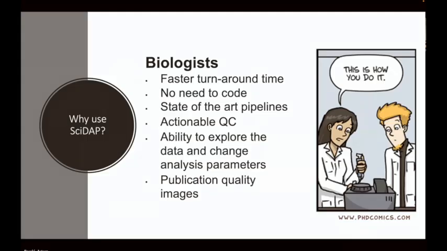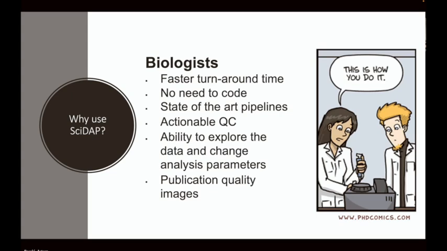So the advantage for biologists is faster turnaround time. It's basically as soon as you enter the data, and as the cluster crunches the data, you will get the results. You don't need to spend time learning how to code. You still need to understand what you are doing and the basic statistics behind it. The pipelines that we're using are all open source.